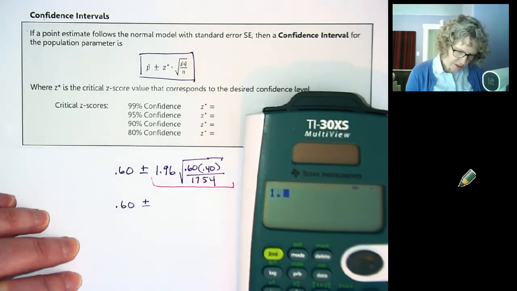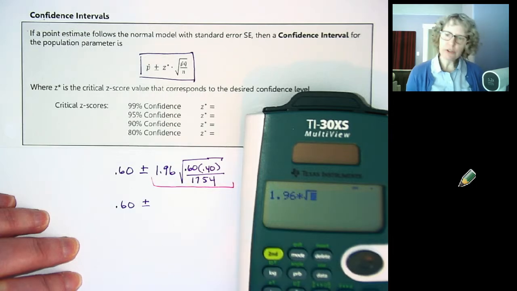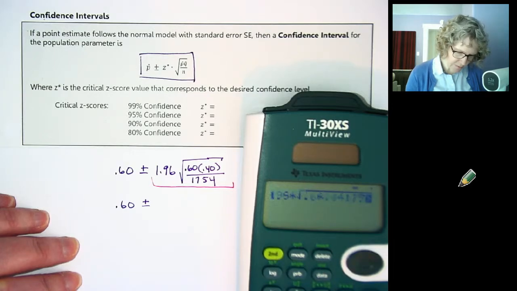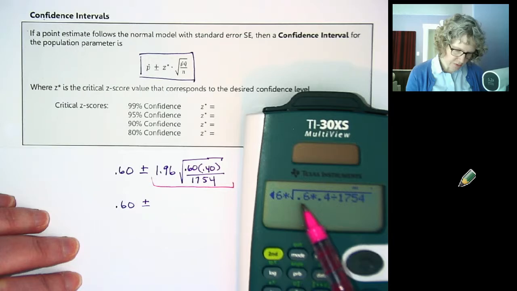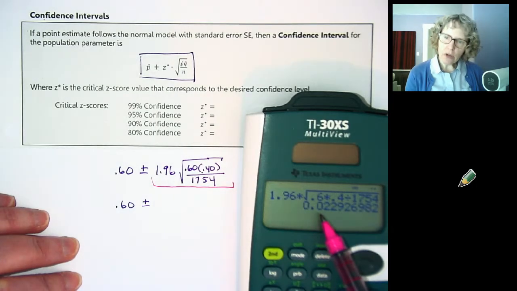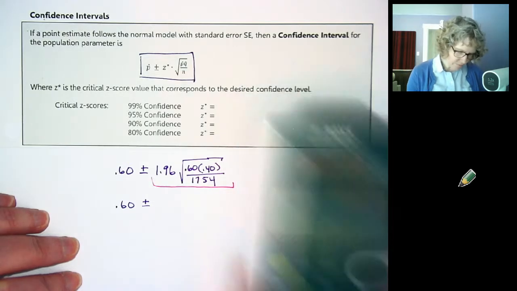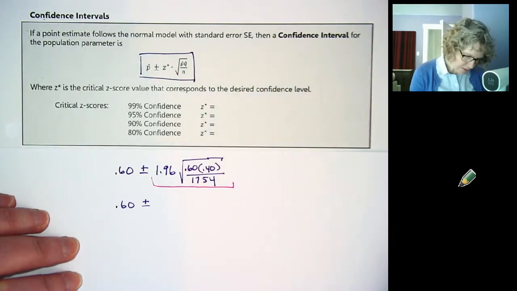So 1.96 times the square root, and then you can just punch this in all at once. 0.6 times 0.4 divided by 1754. That will follow the order of operations because it's going to multiply across, then divide, and then take the square root. Okay, so I'm getting, let me write it first, 0.0229.